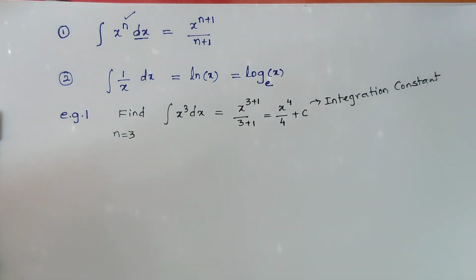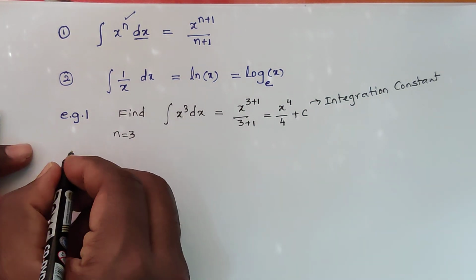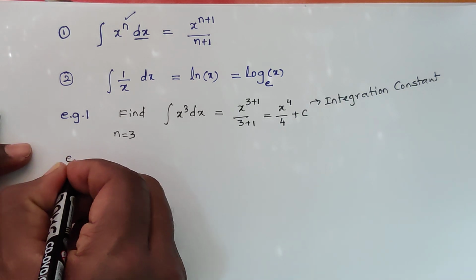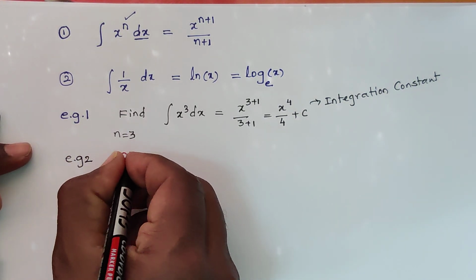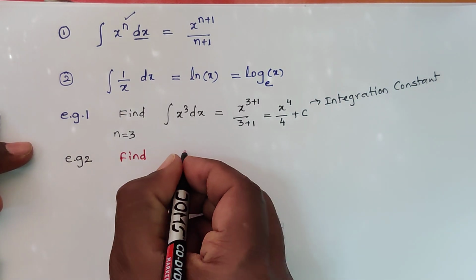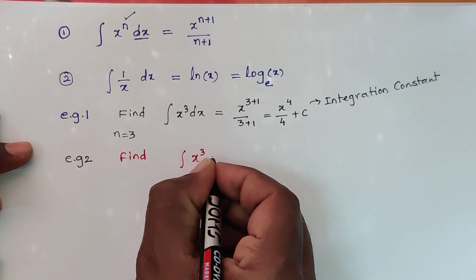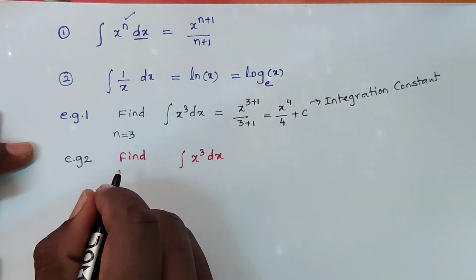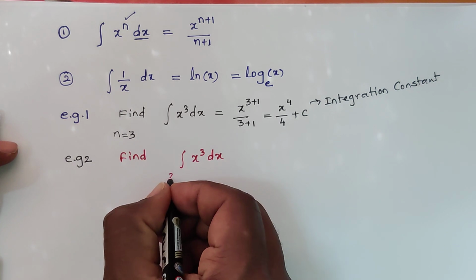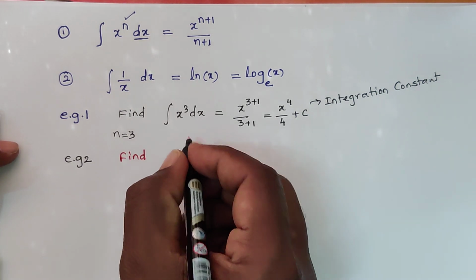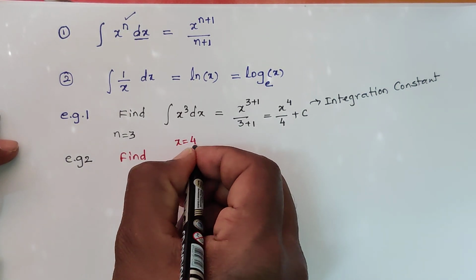Okay. Next, example number 2. Find integral x to the power of 3 dx, same problem. Here limits are from x equal to 0 to x equal to 4.